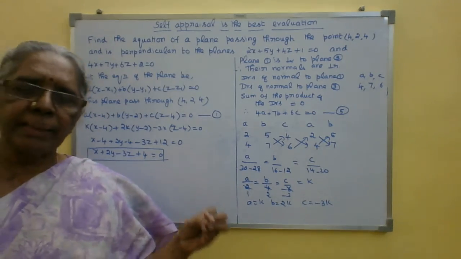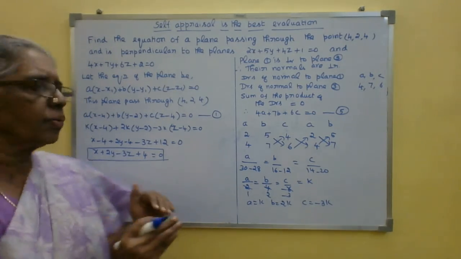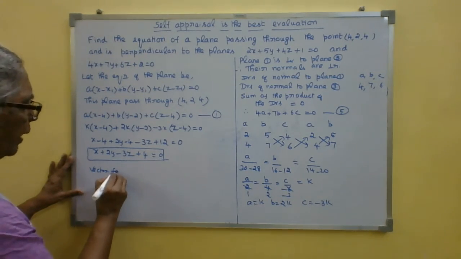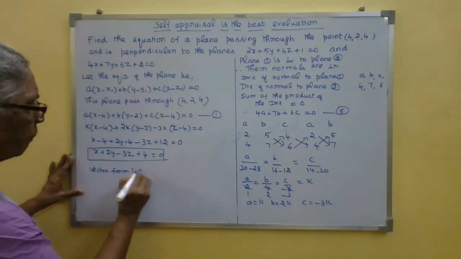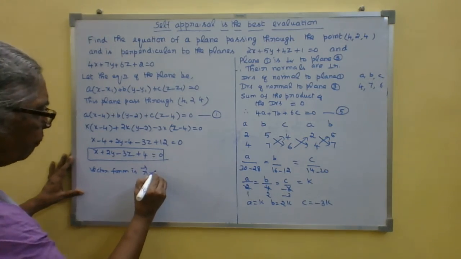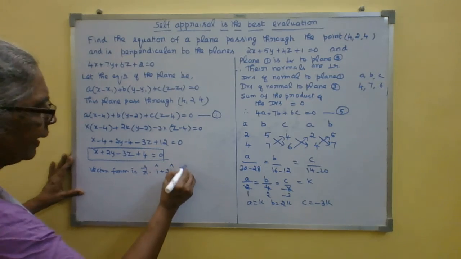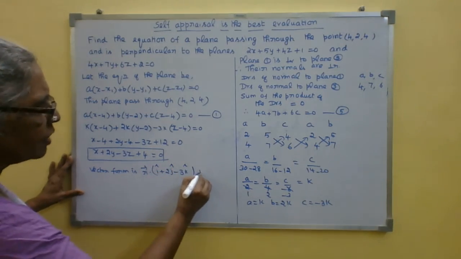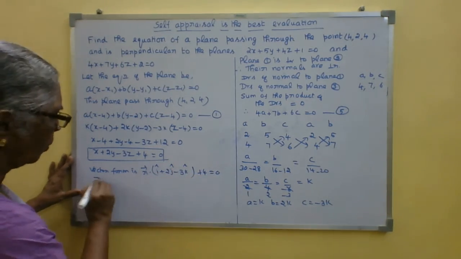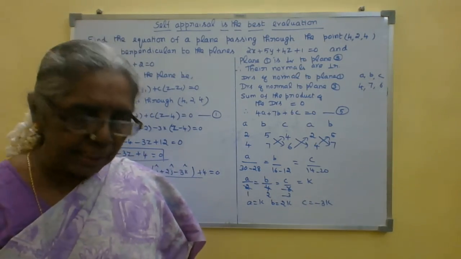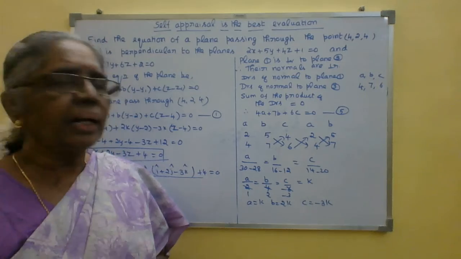It's better you find the equation in vector form also. So let us write the vector form: r vector dot i cap plus 2j cap minus 3k cap, plus 4, that is equal to 0. So you have found the vector form of the equation as well as the Cartesian form of the equation.